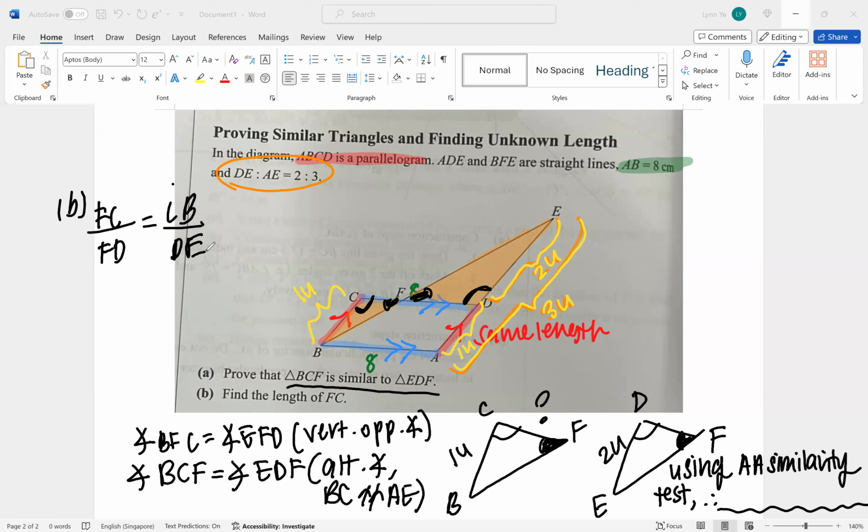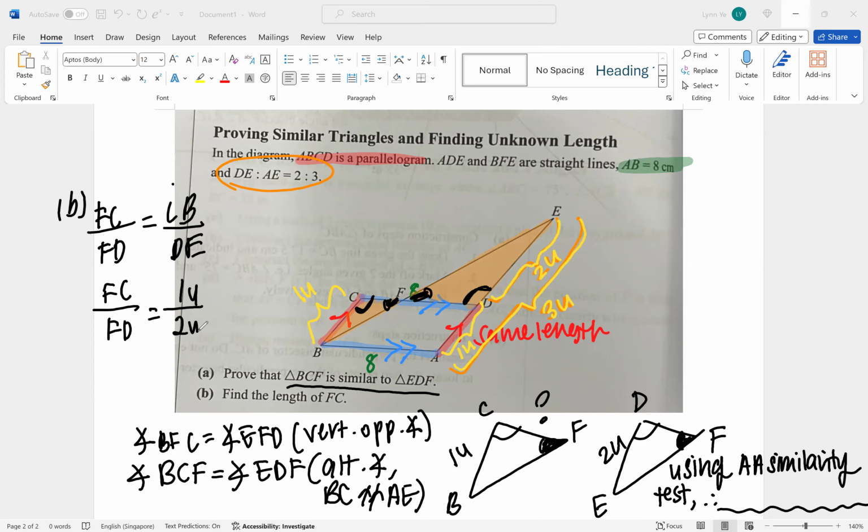And what clue do I have? I have clues for who? CB and DE. So I can now say that FC over FD is equal to, what is CB? 1 unit and DE is 2 units. So now I know that FC is actually how many units?